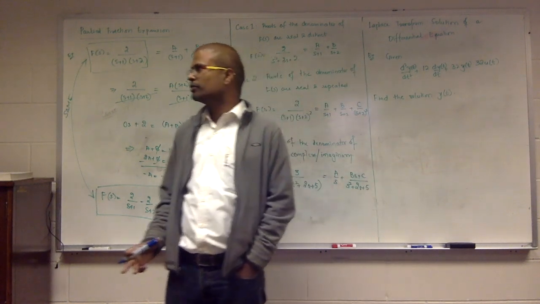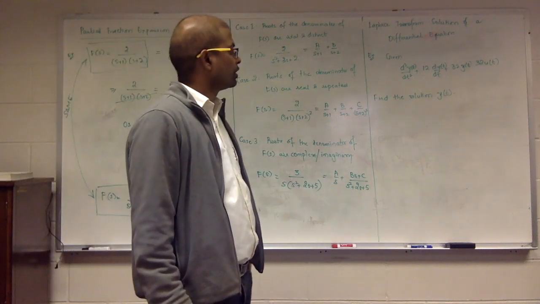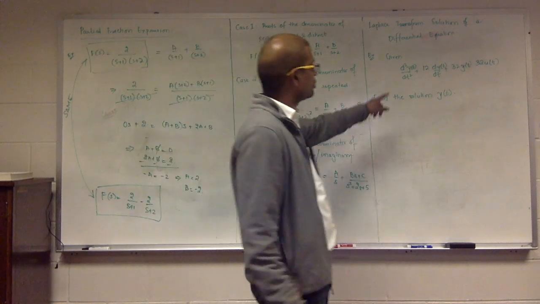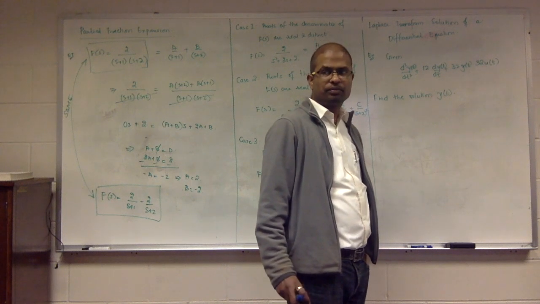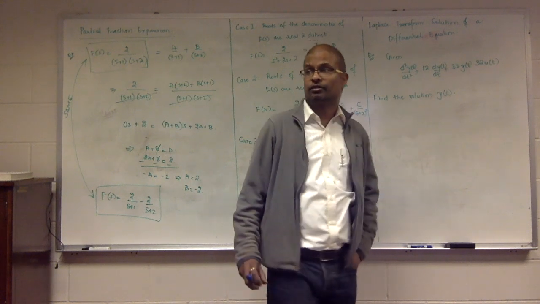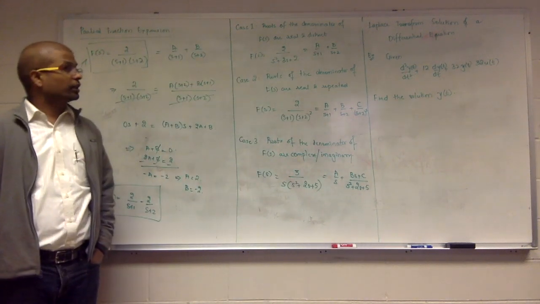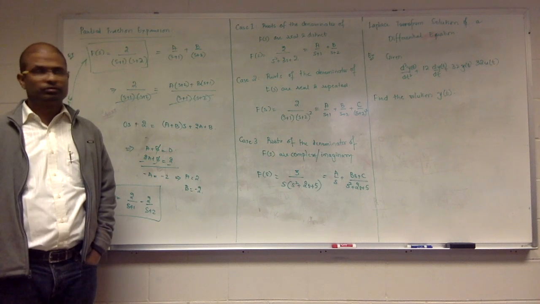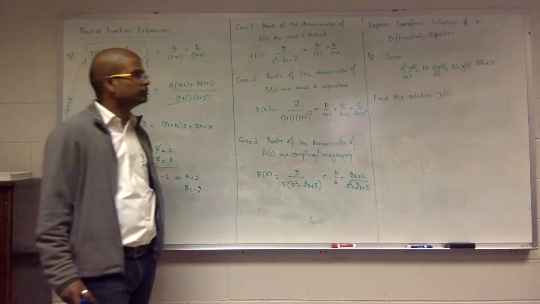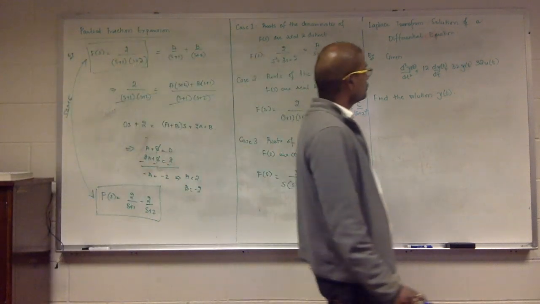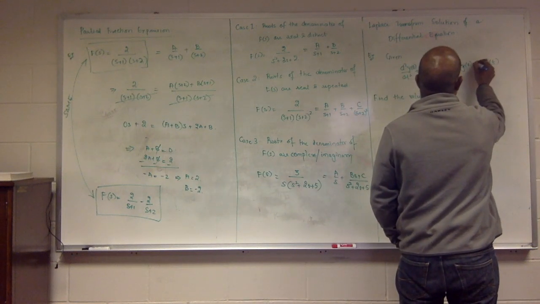Typically, how do you do this? Do you recognize this as a differential equation? Everybody recognize this? Yes? Okay. Do you recognize that as a differential equation? 32 y of t equal to 32 u of t.